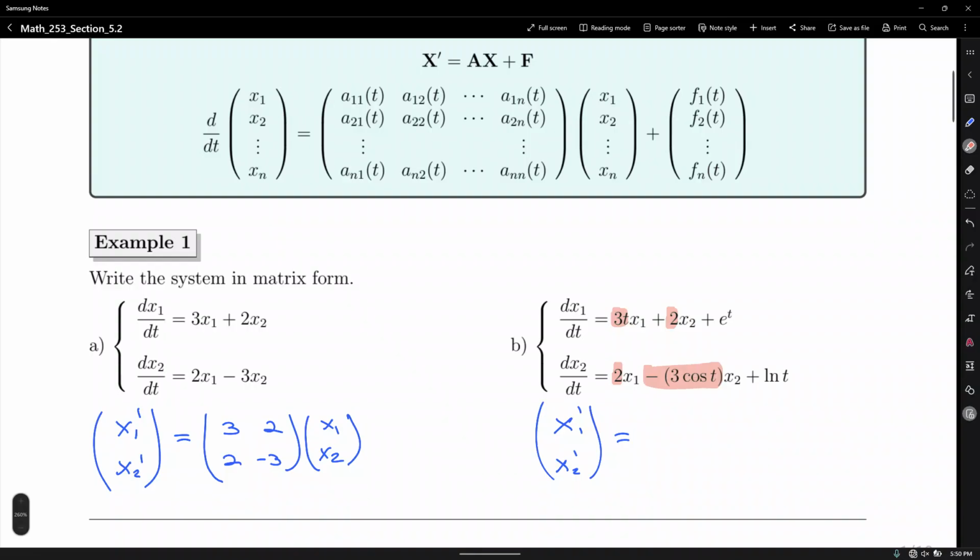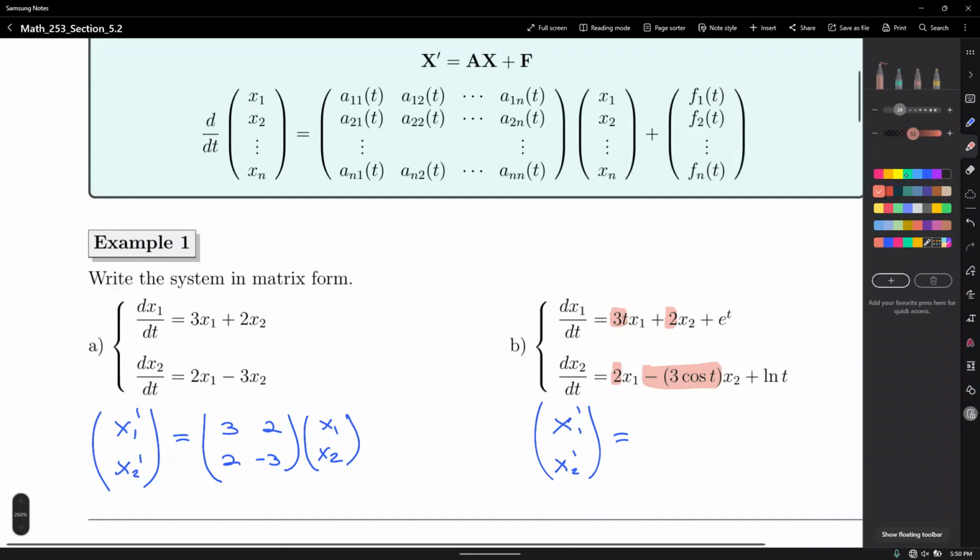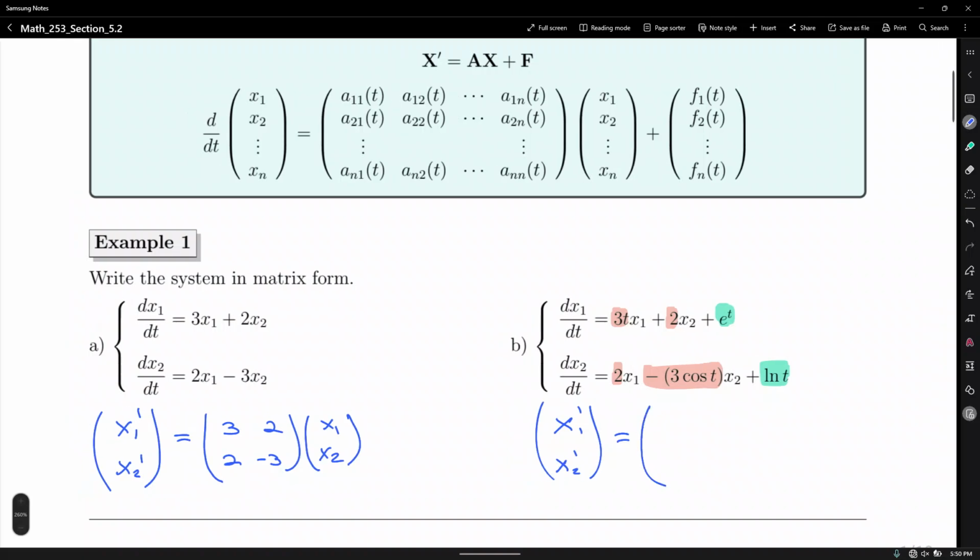And then we also have other terms that are not multiplied by any variables. Those are the non-homogeneous terms, all right? So that's what makes the system non-homogeneous. So that means coefficient matrix 3t, 2, 2, negative 3 cosine t times x1, x2 plus e to the t, ln of t.